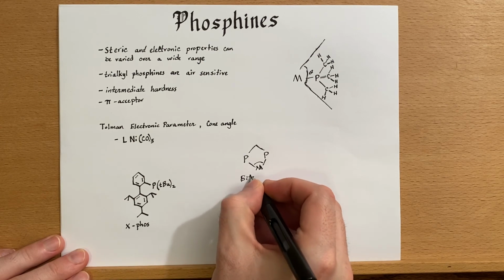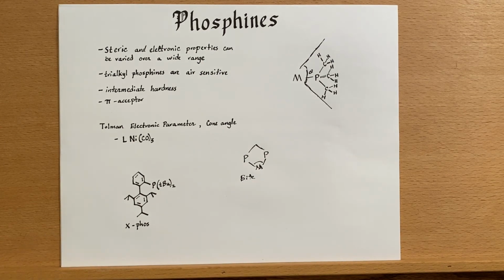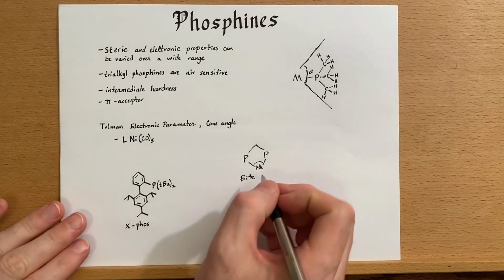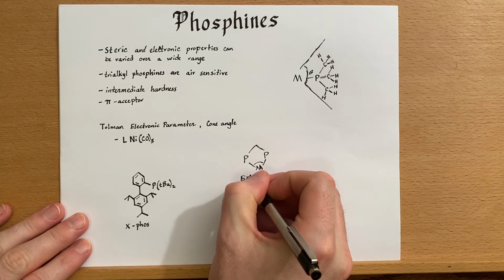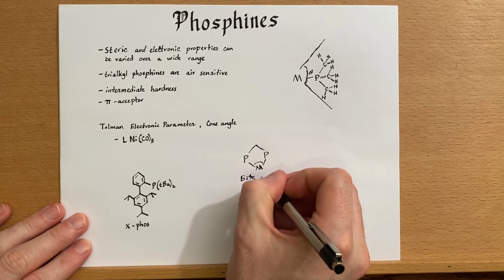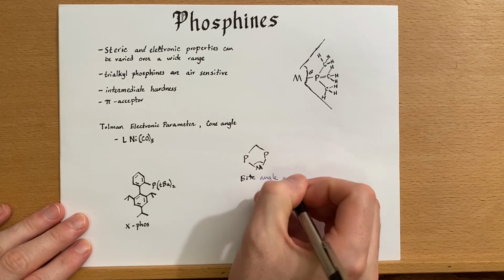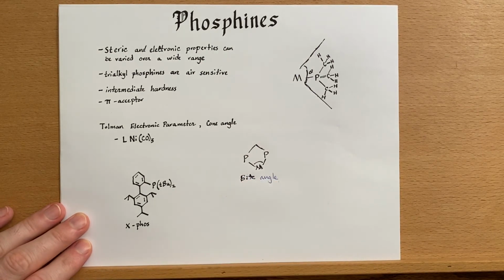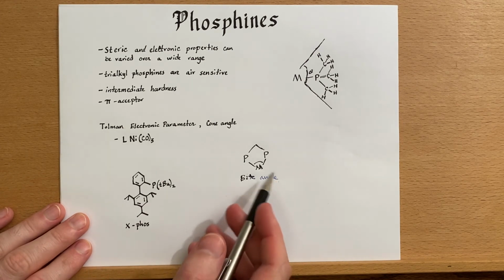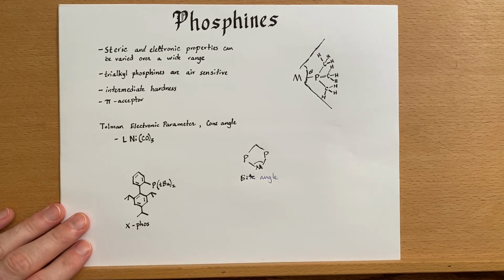B-I-T-E, bite angle. Bite angle. So that is another parameter that you can change with phosphine ligands.